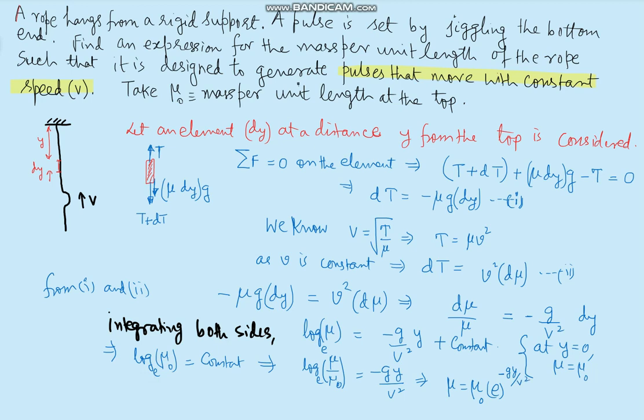This is the expression: the rope needs to be designed in such a way that the mass per unit length varies with the distance y from the top as given by this particular expression. Thank you.